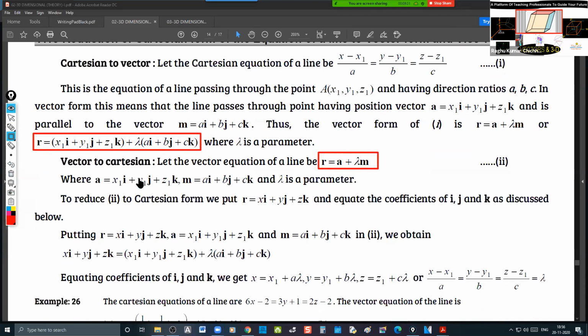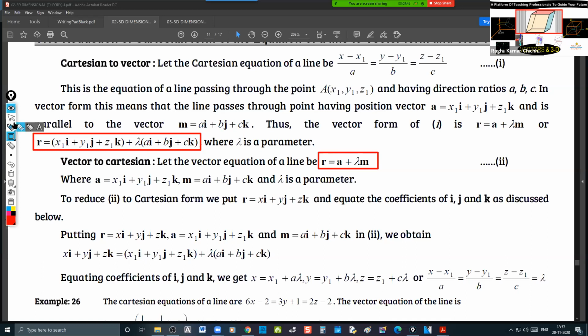If you take x1, y1, z1, it is a point through which the line passes. If A, B, C are taken, these are the DRs of the line which is parallel to the required line. So if you know that, it is done.